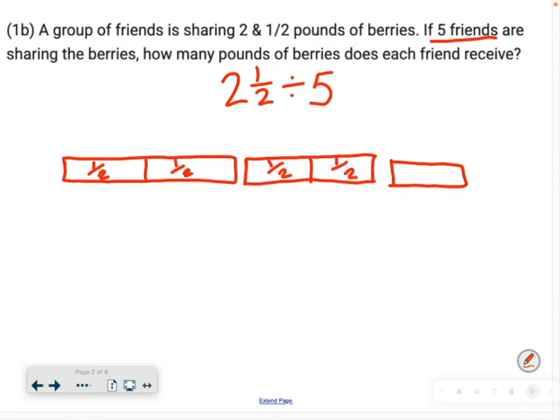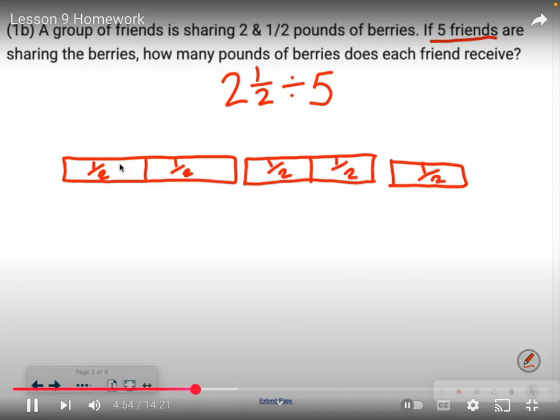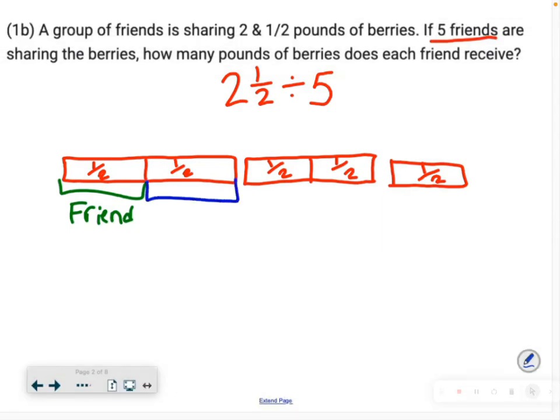If I would have done fourths, I would have had 4 boxes here, 4 boxes here, 2 boxes here, so I would have had 10 total fourths, and then splitting it up into 5 groups would put 2/4 in each group, which would be equal to 1/2. So you would have got the same answer if you had split it up into fourths, but splitting it into halves is just a little bit more efficient.